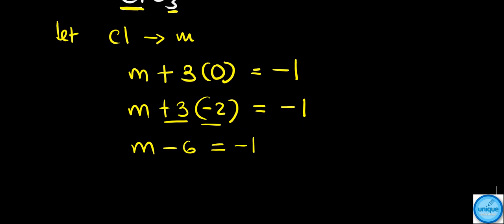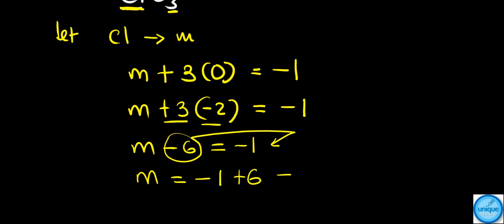So what we're going to do, M is equal to taking this one to this side, so we're going to have -1, then plus 6, which is equal to plus 5. Therefore the oxidation number of chlorine in that ion is plus 5.